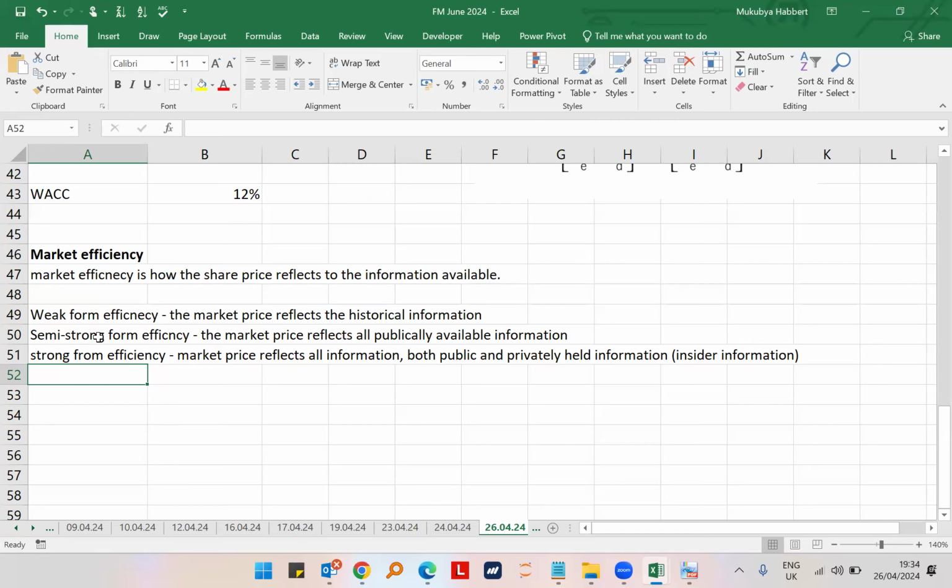So at best, the market can only be semi-strong, but it can never be strong form. And when you say at best, it means that in most cases it is actually weak form efficient. But at best it can be semi-strong, but it can never be completely strong form efficient. So that is what those three terms mean.